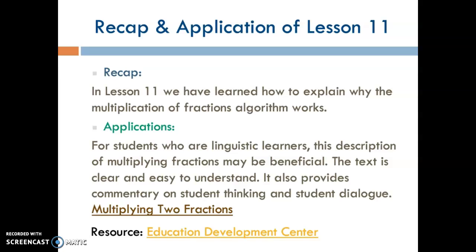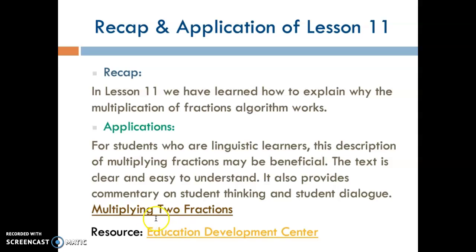Let's recap this. Lesson 11, we've learned how to explain why multiplication of fractions algorithms work. For students who are linguistic learners, these descriptions of multiplying fractions may be beneficial. The multiplying two fractions is a resource from the Education Development Center.